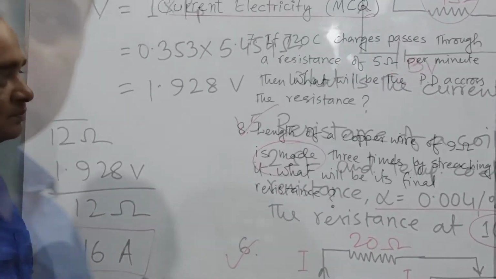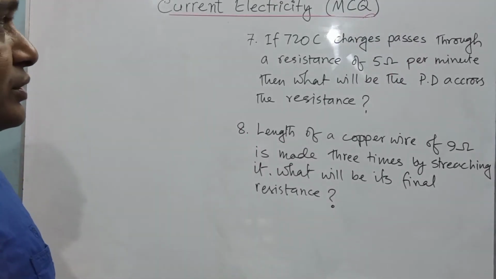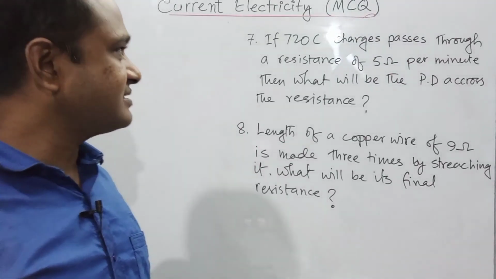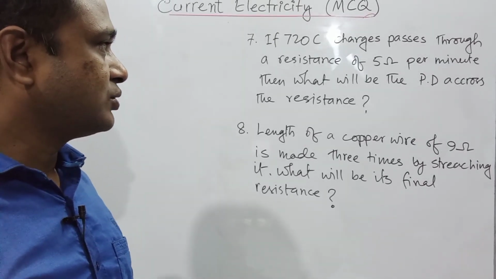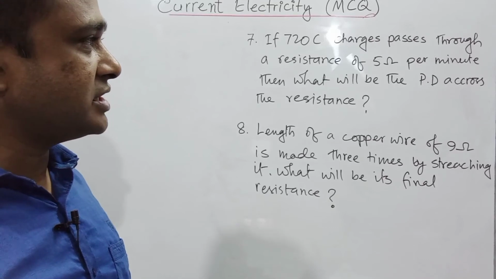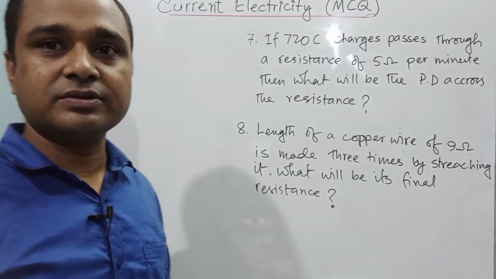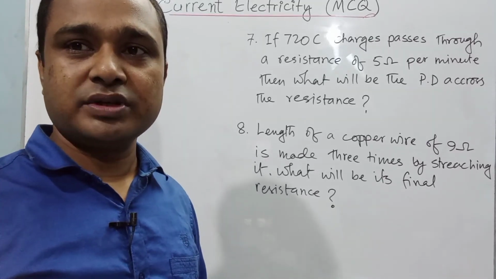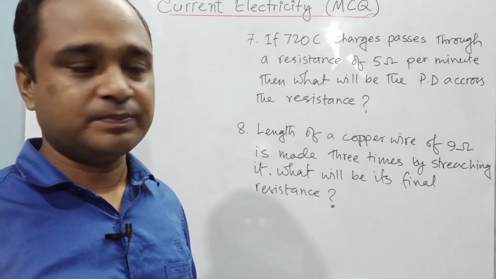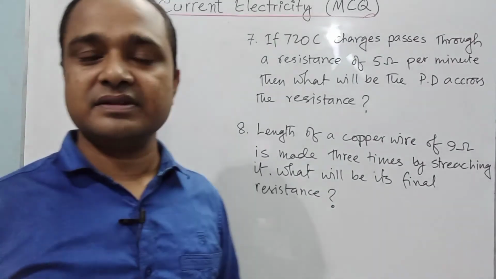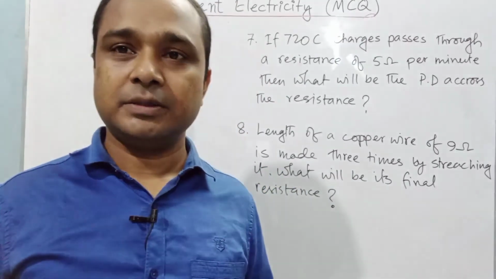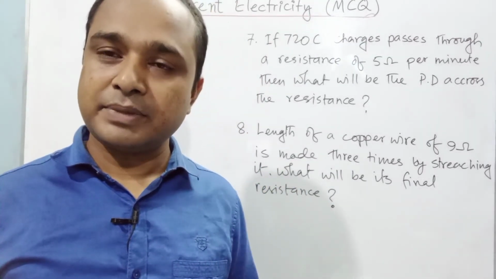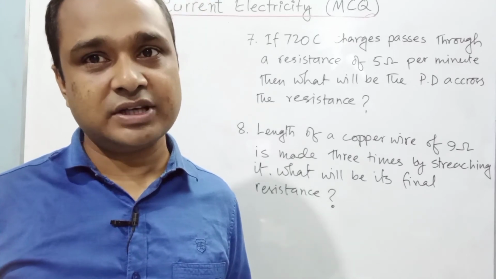In question 7 they said that if 720 coulomb charges pass through a resistance of 5 ohm per minute, then what will be the potential difference across the resistance? We know the potential difference across a wire or resistance can be calculated by the product of the current passing through it and the resistance of the wire.